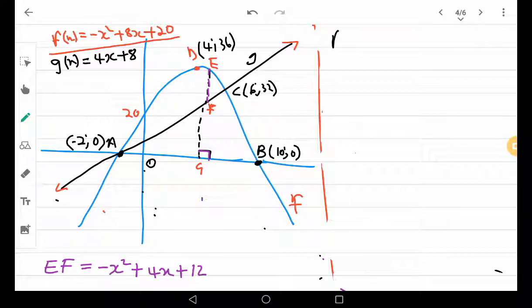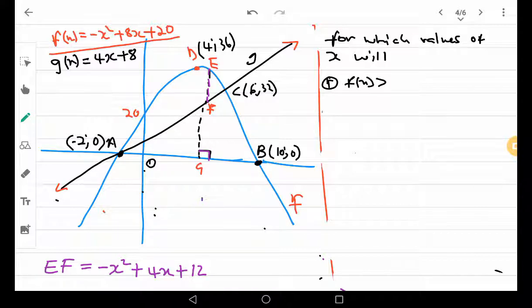We can now say: for which values of x will, number 1, f of x be greater than 0, and number 2, f of x multiplied by g of x be greater than 0.